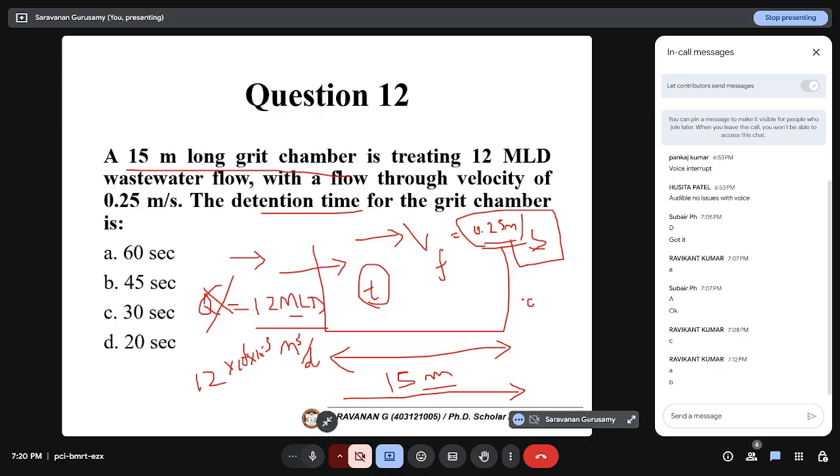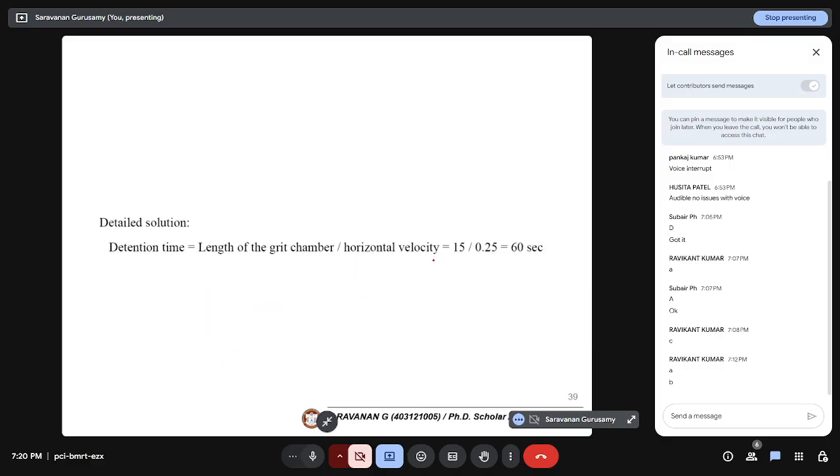Just divide 15 by 0.25, you will simply get seconds. Length of the grit chamber divided by horizontal velocity gives you the detention time. Horizontal is the flow velocity. Meter per second: if you divide, meter will get cancelled and seconds will come up. That's the detention time. Most of the problems you can solve with the units.